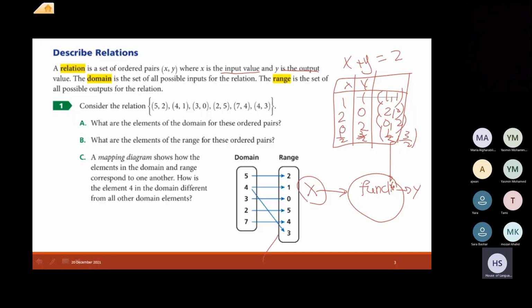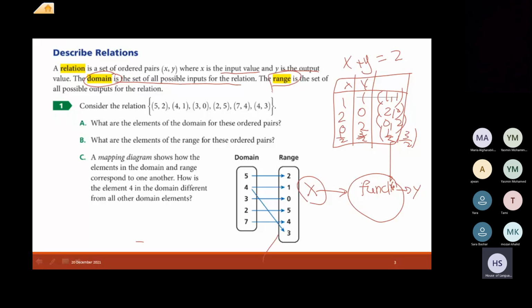A relation is a set of ordered pairs, where x is the input and y is the output. X enters and works under a machine, and you get y. The set of all inputs for the relation we call the domain, and the set of y values we call the range.